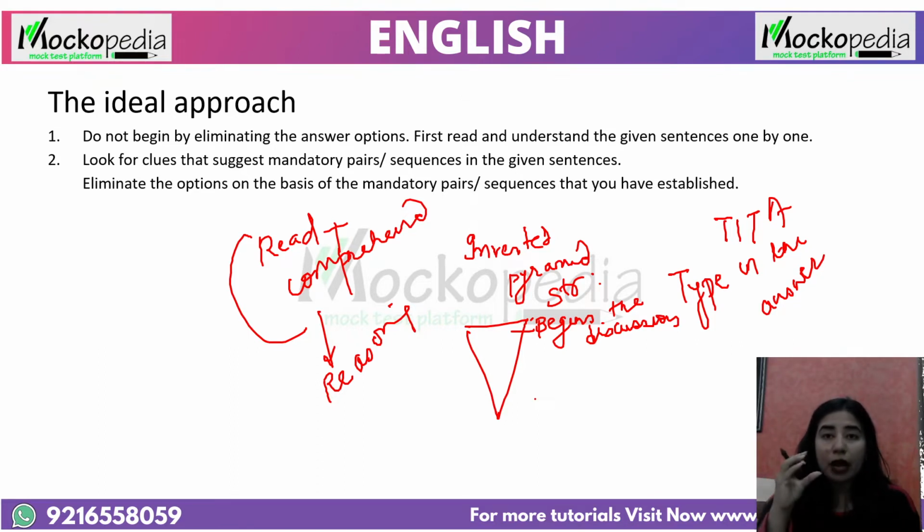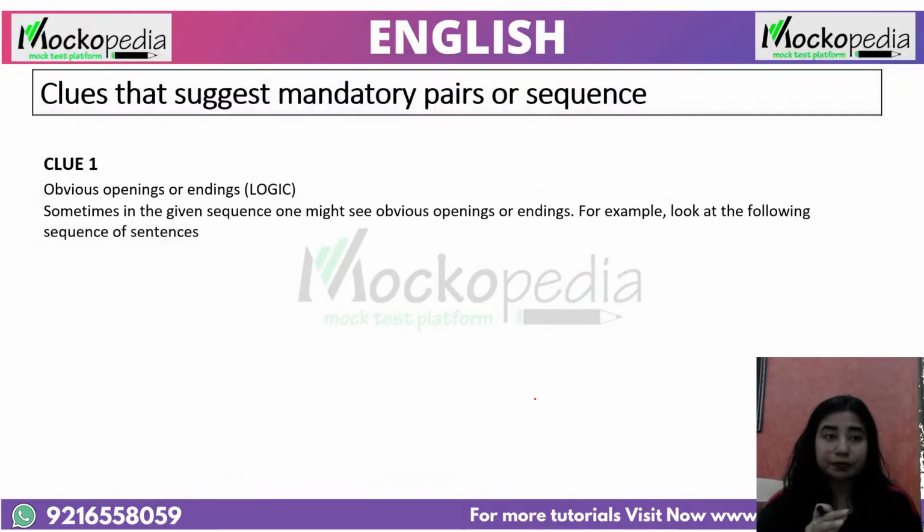But by looking for a mandatory pair, you are able to identify two sentences that should definitely be together. We would not just start from eliminations. We would try to reason out and comprehend the data. So let's explore how we are going to do it.